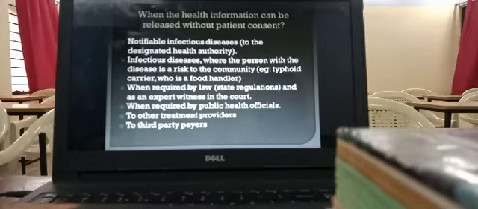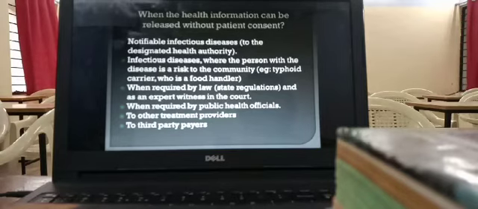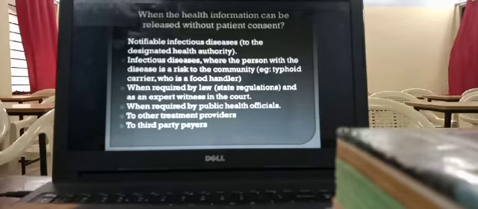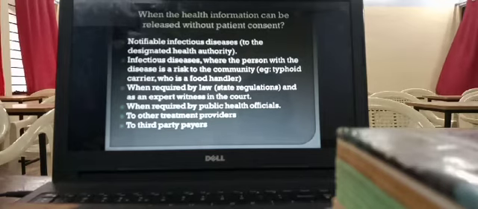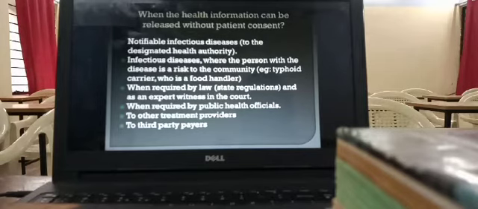We can also give an example of the current situation of COVID-19. In those cases, we cannot abide by the rules of confidentiality when it is necessary and mandatory to release the information, though we do not have the patient's consent. So we can release the patient's information to the health authorities.